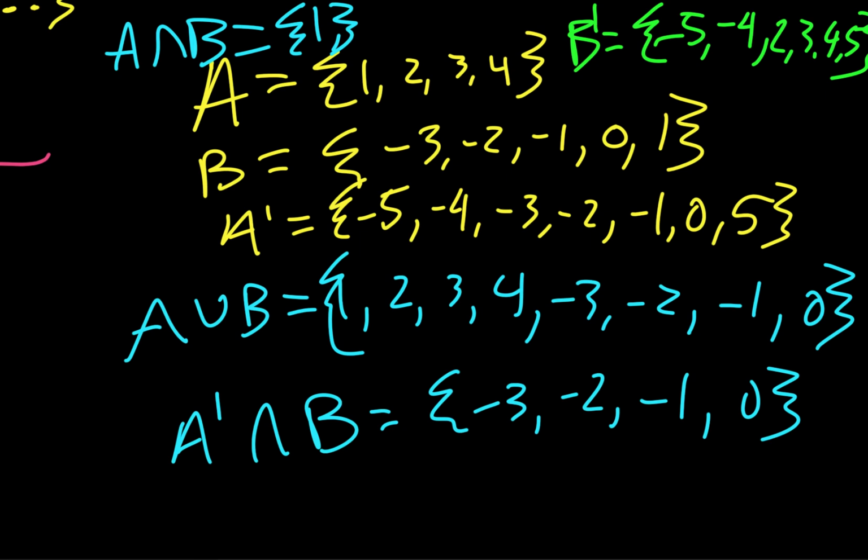And then the last one is A complement union B complement. And let's see, so it's here and here. So they both have it's union. So we write everything in A complement.